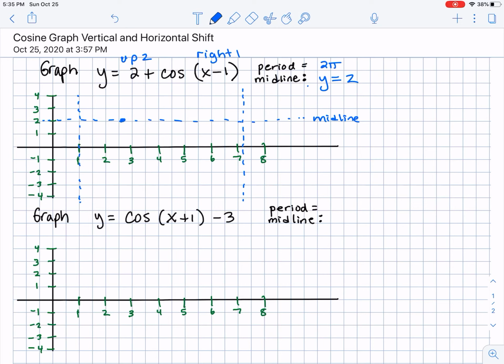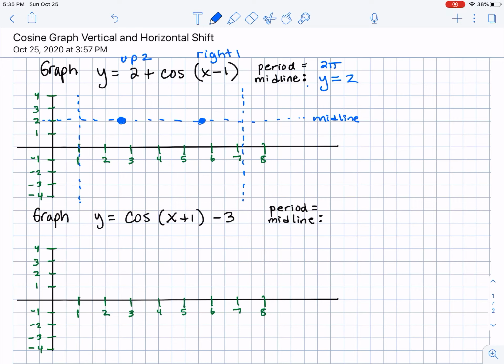I'm going to have a 0. And if I have the other 0 normally at 4.71 for our parent function, and if I move it right 1, that's going to be 5.71. There we go. Okay, so there are our zeros.